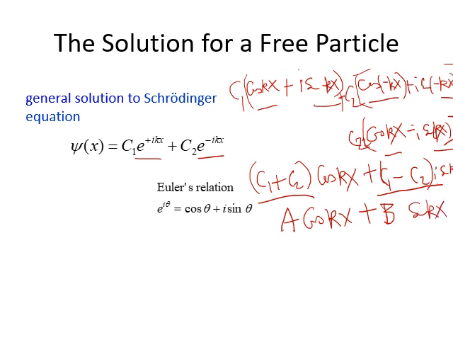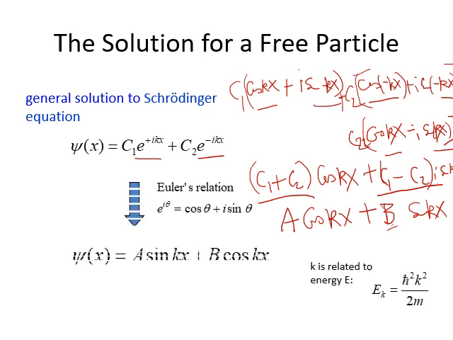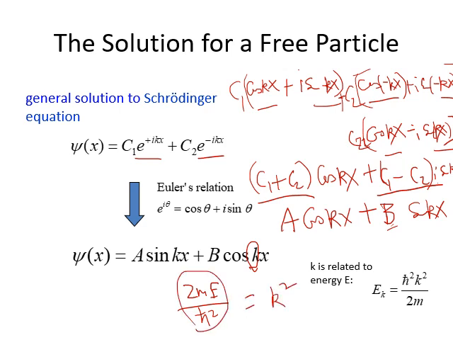Note that here B is an imaginary number. So the general solution now becomes A sine kx plus B cosine kx. And later when we solve this, we should remember that k is related to energy, because the constant 2mE divided by h bar squared altogether we said is k squared. So when we have the k, we can calculate the energy using this equation.